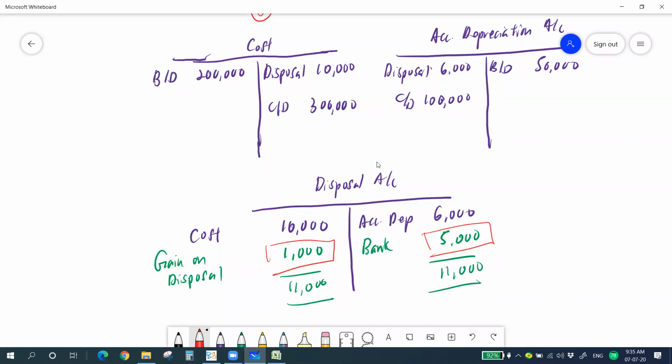So we back to our cost and accumulated depreciation. So we can try to balance the account first. We have a missing amount, right? The missing amount is how much? 110. So can you tell me this 110 refer to what?